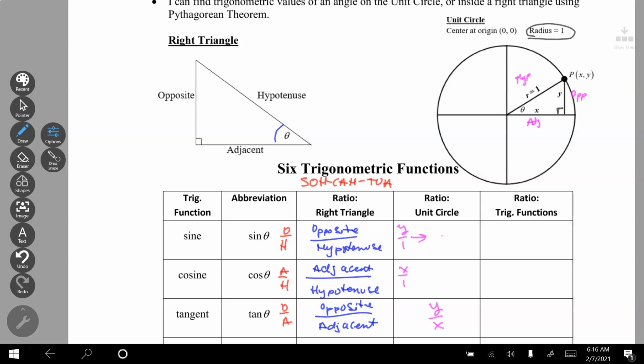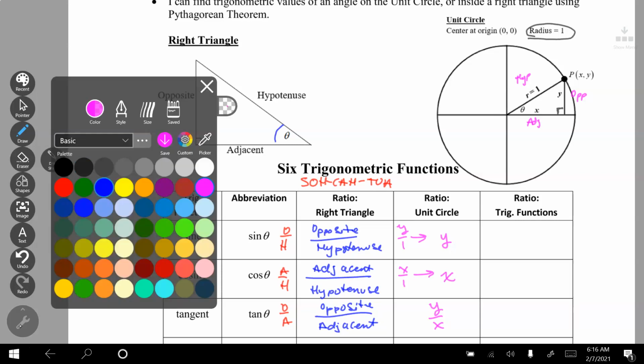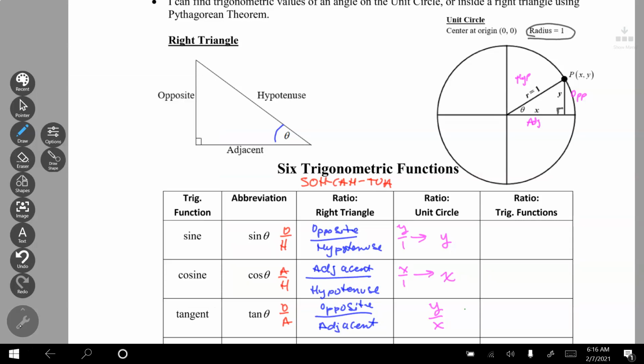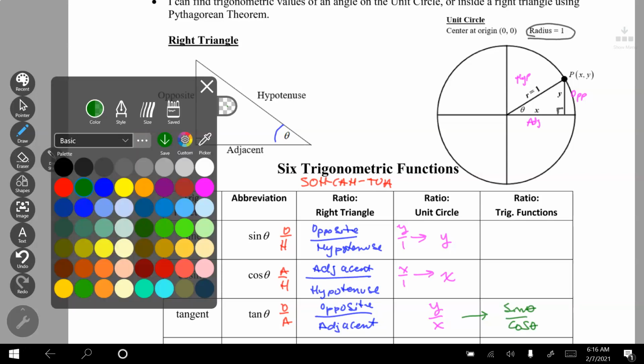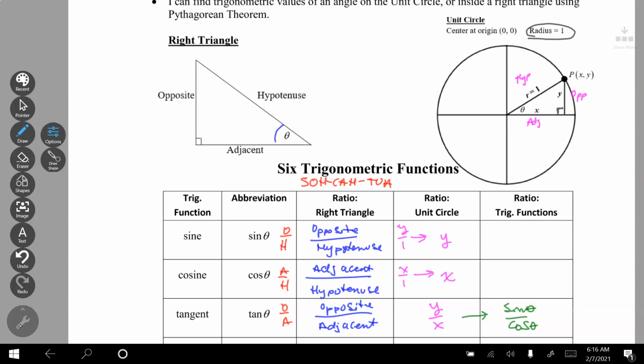Well, I'm not going to leave it as y over 1, I'm going to call it y, and x over 1 is x. So if I look really carefully, tangent is just really y over x, or sine over cosine. So going back to my picture, every point on this unit circle is an x and y coordinate.